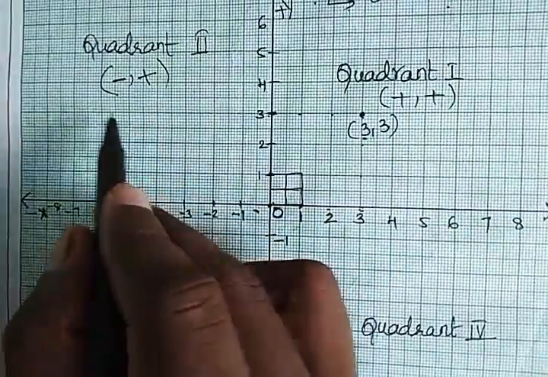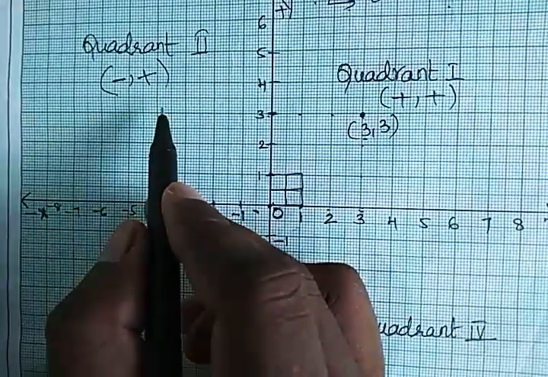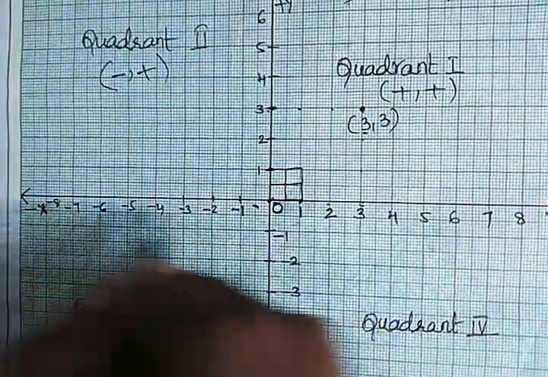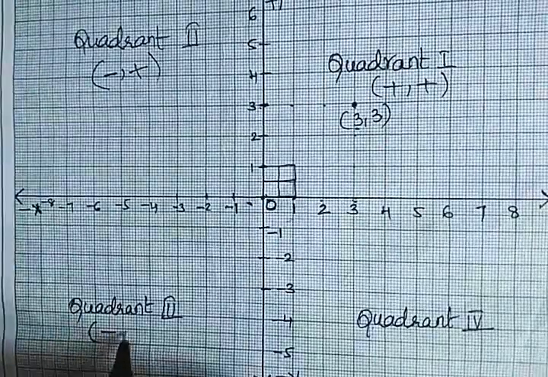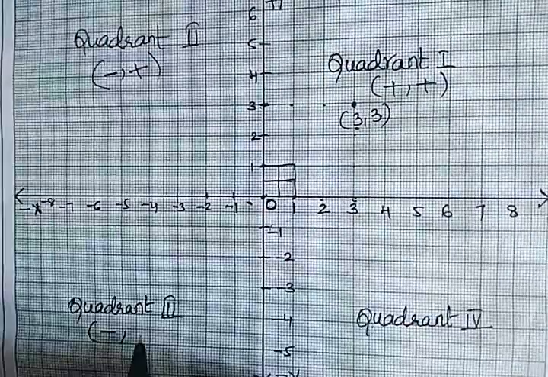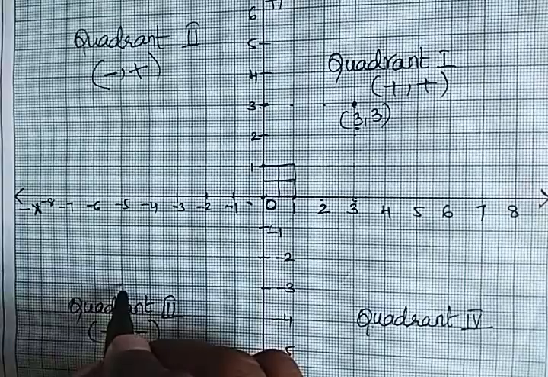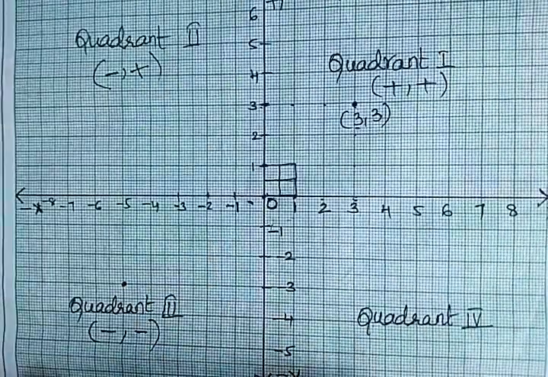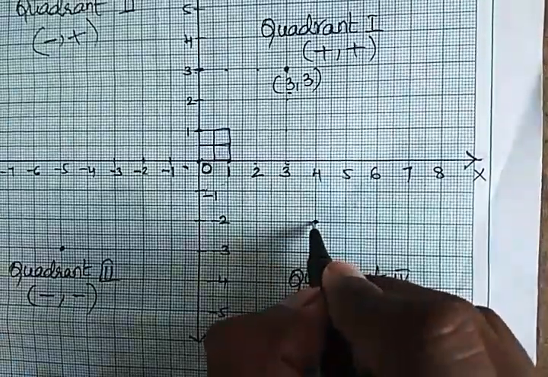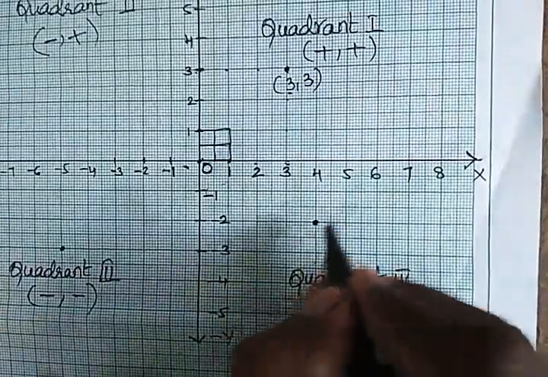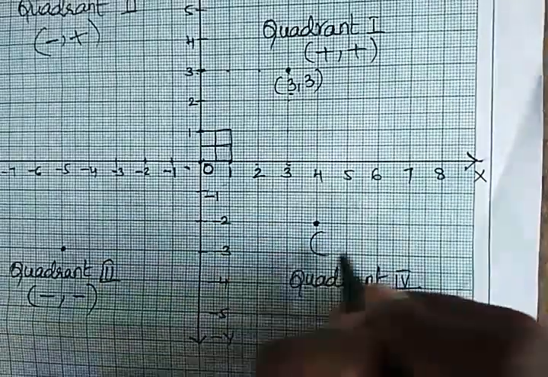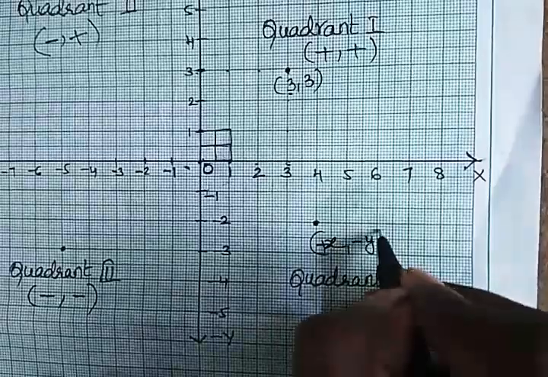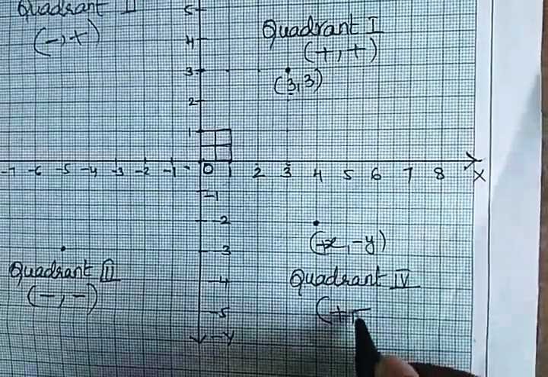So in the second quadrant you have negative and positive values, and in the third quadrant the x value is negative and the y value is also negative. Whatever point is located here has a negative x value and a negative y value. If you take any point here, that point has a positive x value and a negative y value. That means you can write it as plus, minus.